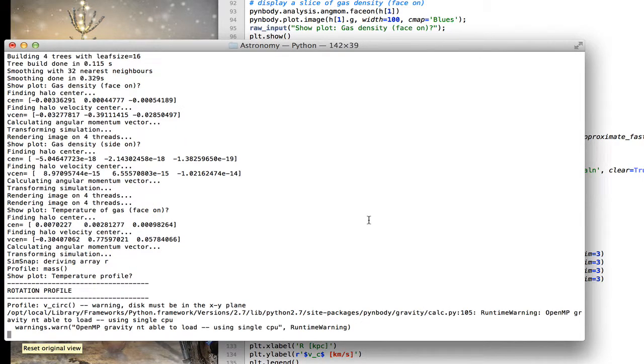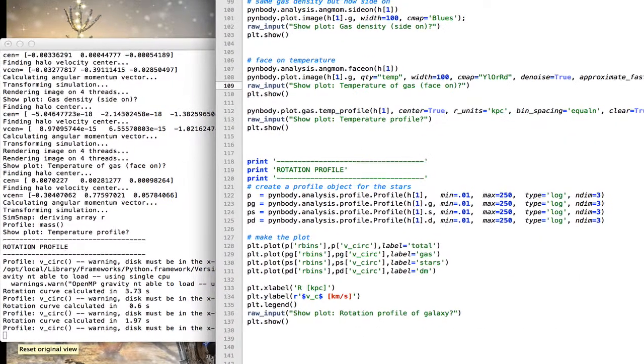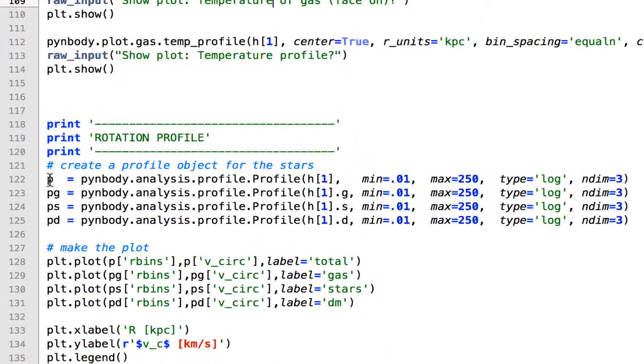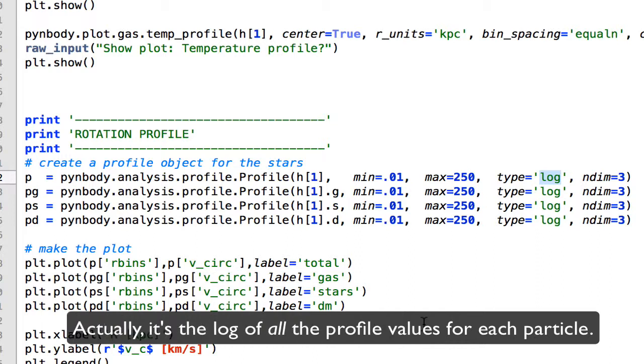We've done some work on rotation profiles, so I thought it'd be interesting to show this one as our last graph. So here what we do, we grab that particular halo we're looking at, and we get the log of all the velocities of the particles that are in that particular halo.